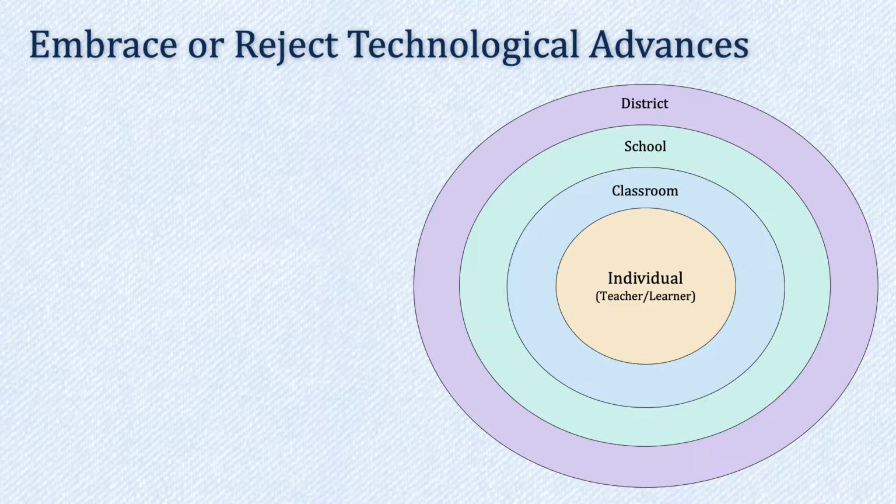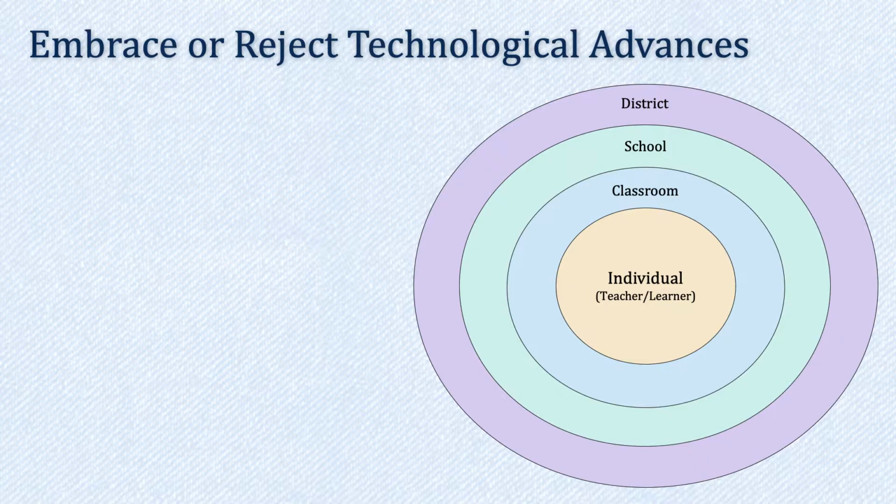However, if we embrace technological advances, this involves knowingly entering into an environment that is rooted in the technological paradigm that is not designed for emancipation or social justice. That's a dilemma. And that dilemma applies whether we are individuals teaching and learning with technology, teachers working at the classroom level, school administrators running a school, or operating at the district level.